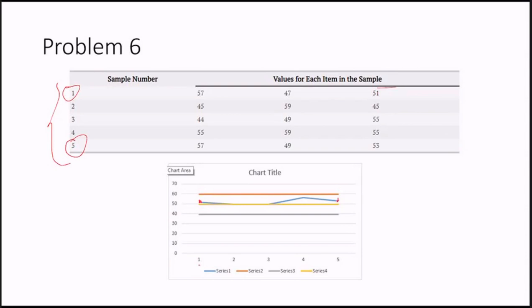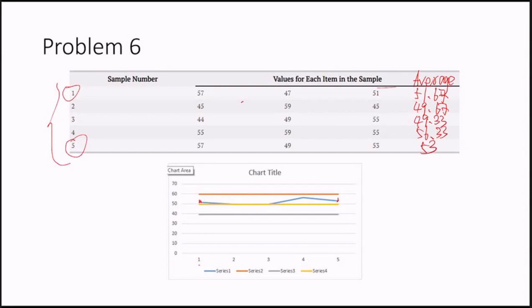So for sample 1, it equals the average for these 3 numbers. So we obtain 51.67. 51.67 is something we use to represent sample 1, and in the same way we can calculate the average for sample 2, sample 3, sample 4, and sample 5.